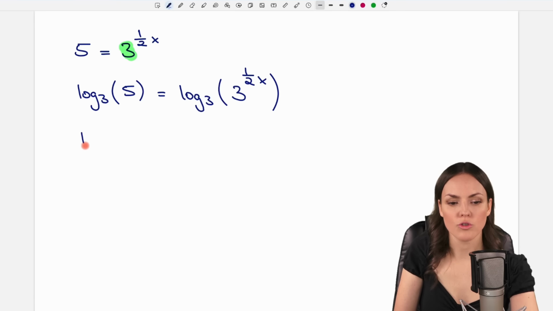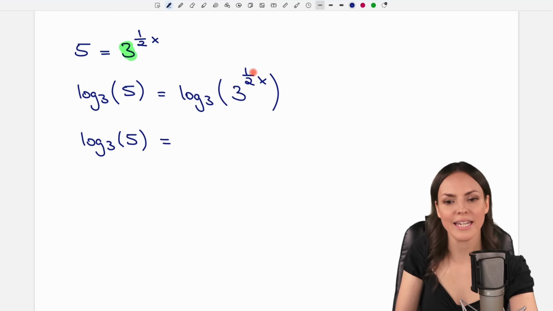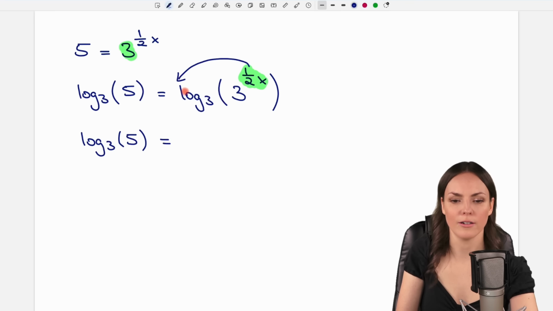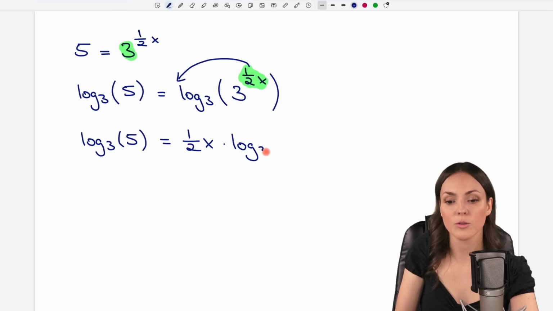The left side is just a number. We leave it as it is, but on the right side, we apply the rule again that we take the exponent and write it in front of our logarithm. So we have 1 over 2x again and multiply this by this log expression. We only have the 3 left in here again.